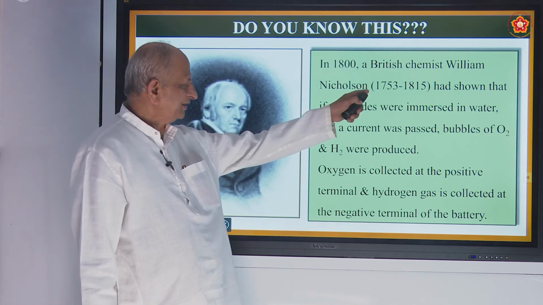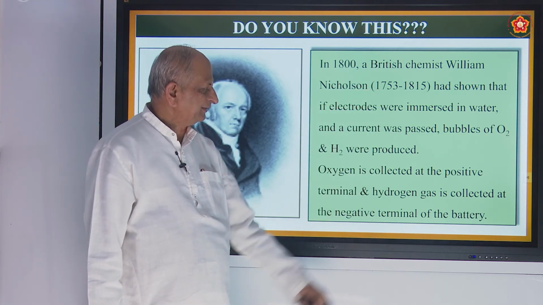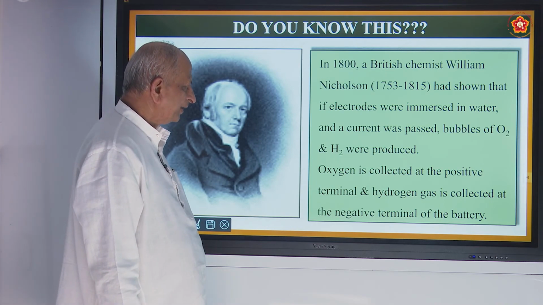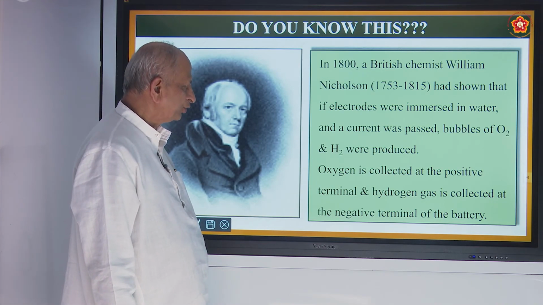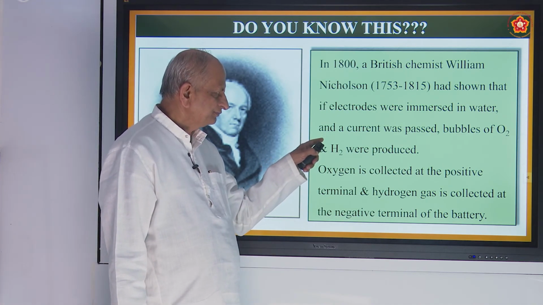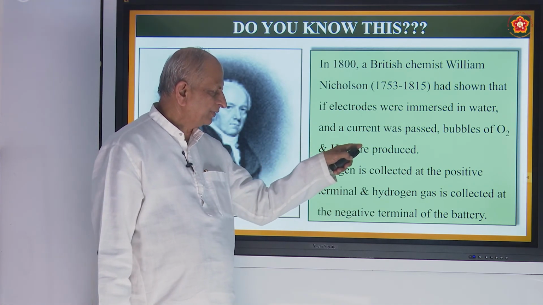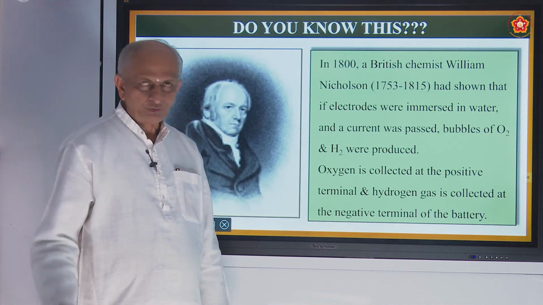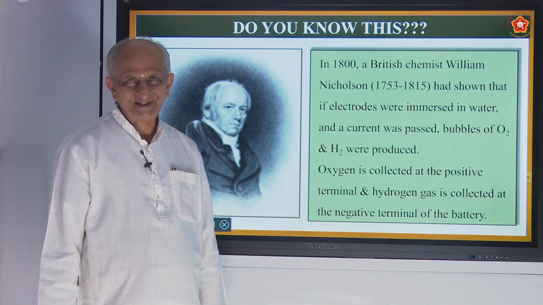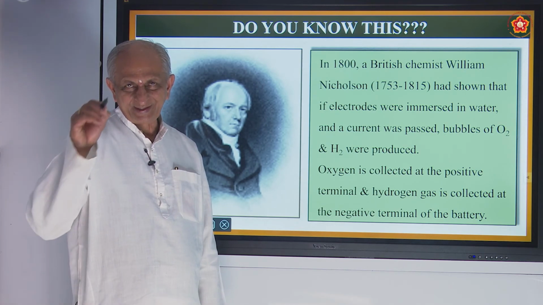He lived from 1753 to 1815. He showed that if electrodes are immersed in water and current is passed, bubbles of oxygen and hydrogen are produced. Do you know what that apparatus is called? Voltameter. What is the condition?